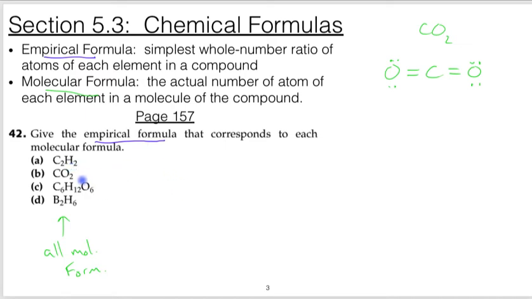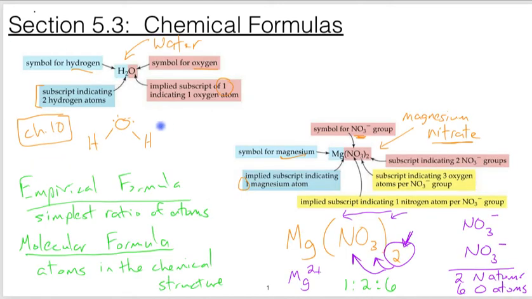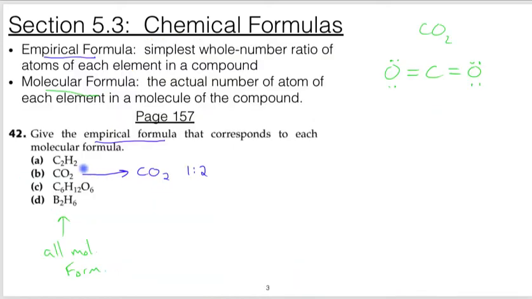In one of these examples, you don't need to. It's already the empirical formula. CO2, that's the simplest ratio that I can get between these two atoms in the molecule. This is analogous to methane here, 1 to 4, and the examples I started with. Simplest ratio. Now the other ones, that's not the case.